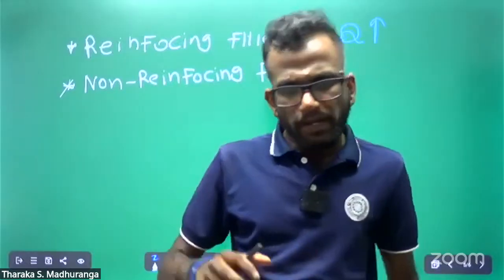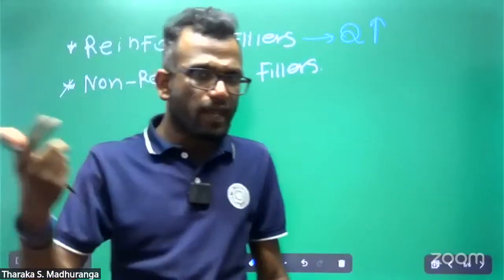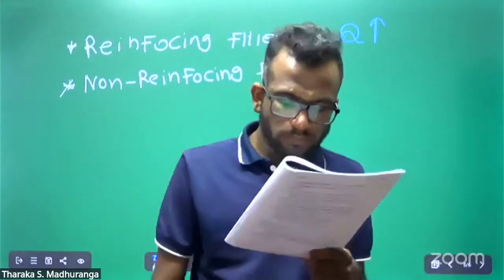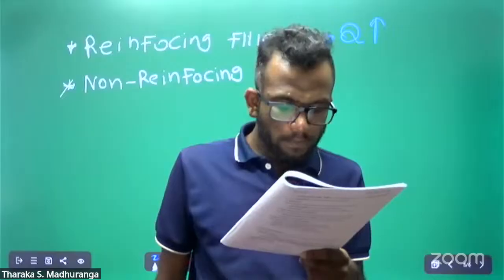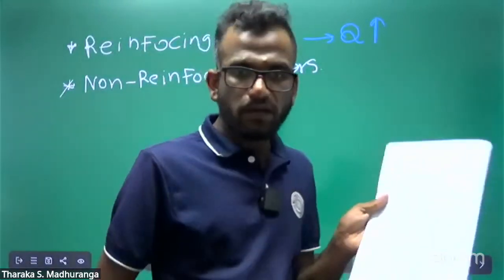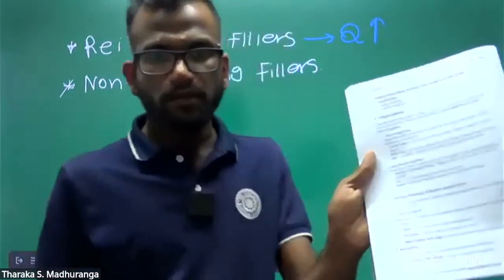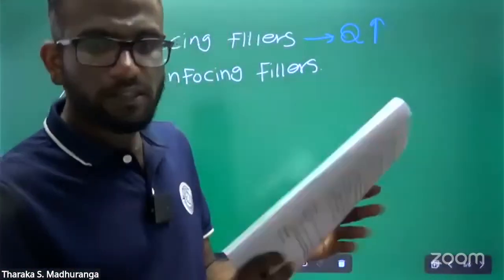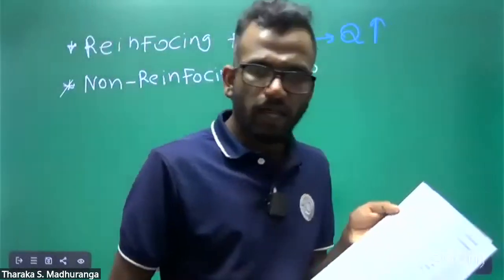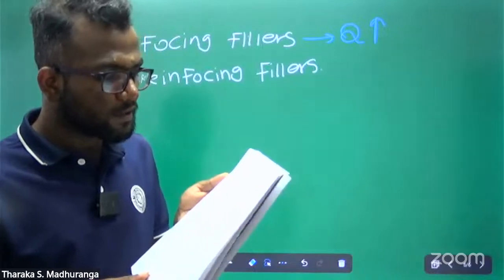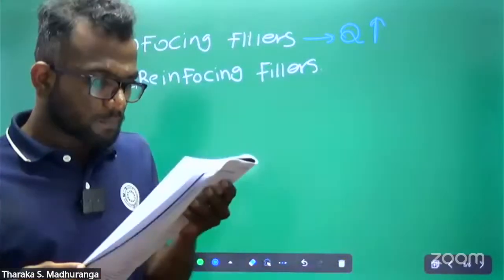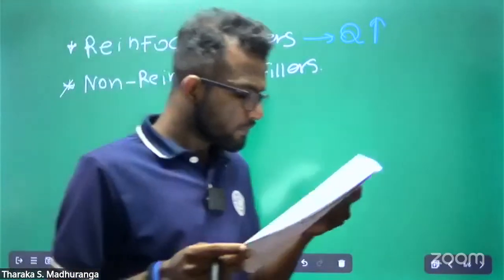Okay, additive materials we mainly add to improve the characteristics. I have divided additive materials into a few types: vulcanizing agents, activators, antioxidants, antiozonants, and processing aids.